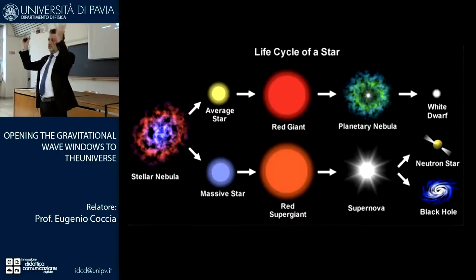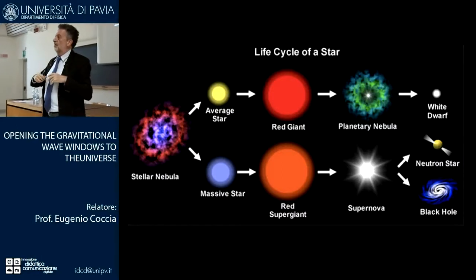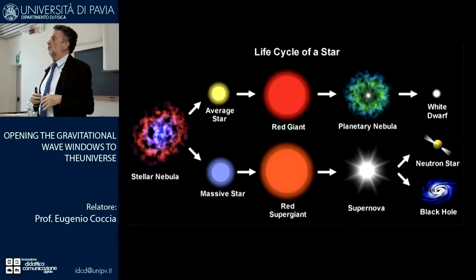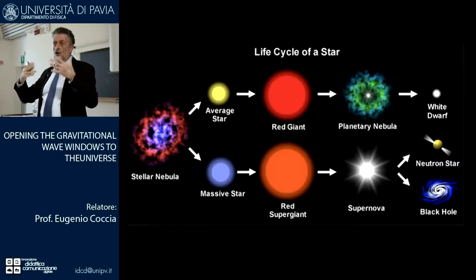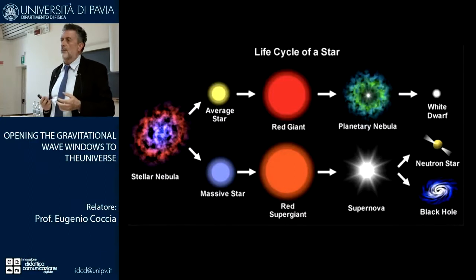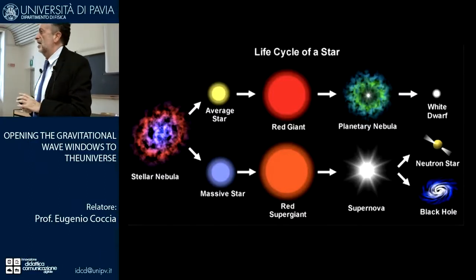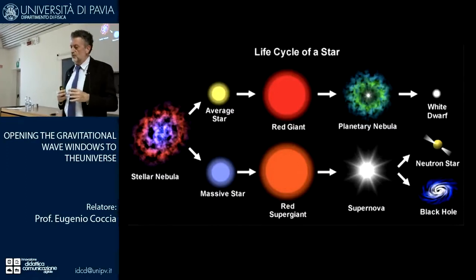implodes, bounces, and sends all around all the elements formed. So carbon, oxygen, hydrogen, ourselves, we are made of the material of stars that exploded somewhere in this part of the universe.